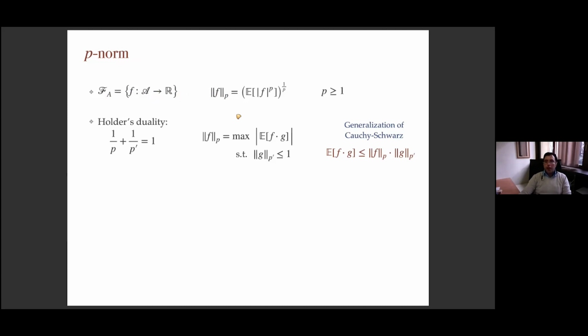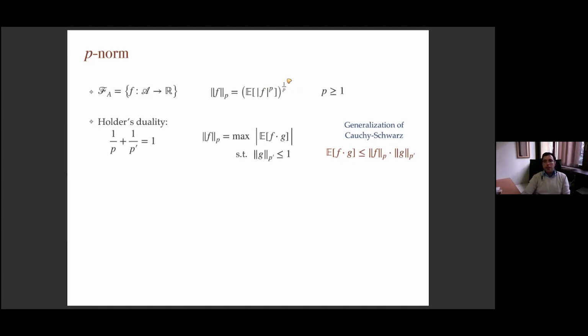And then I can generalize this definition for any p greater than 1. So the p norm of f would be the expectation of the absolute value of f to the power of p. I take the expectation and then raise the whole thing to the power of 1/p. Okay, so that's a definition of the p norm.